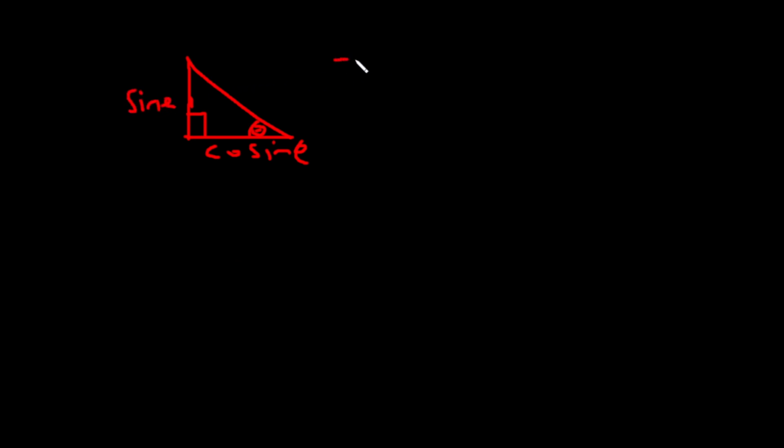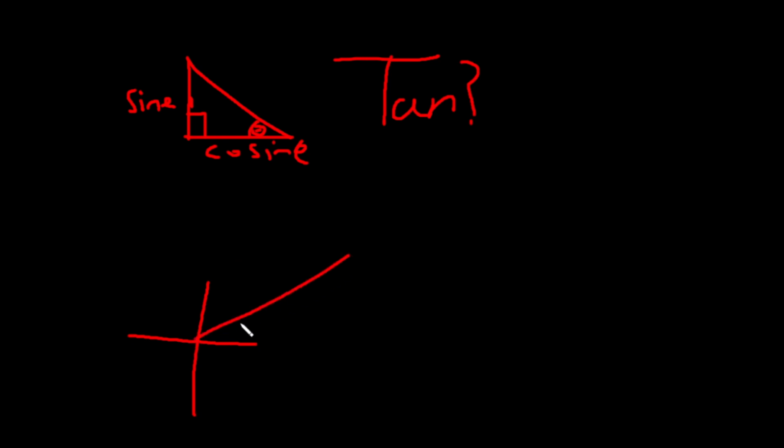And you're gonna be like, what's tan? Well, tangent, like I was talking before about the graphs, is the ratio between cosine and sine, so it's sine over cosine, that is equal to tan.